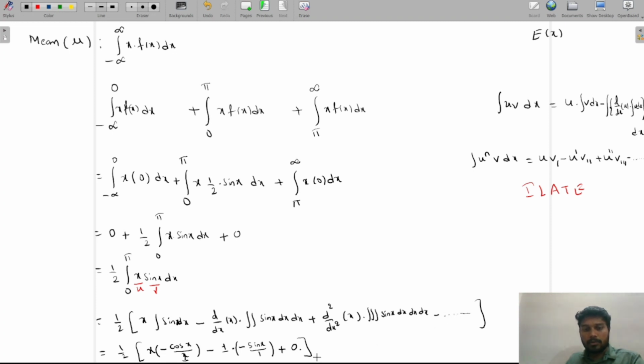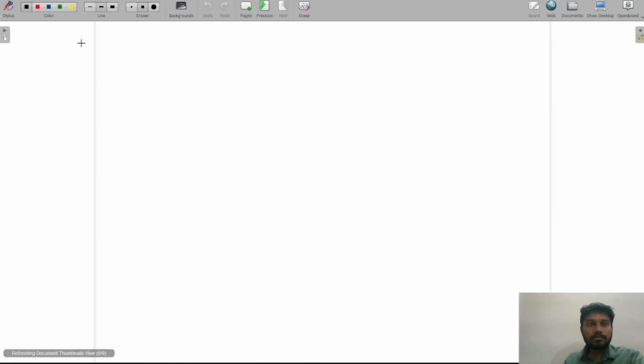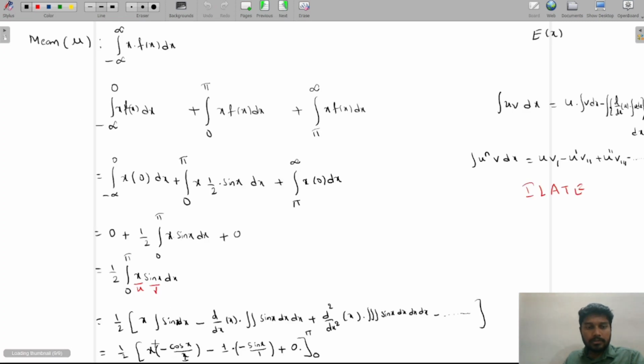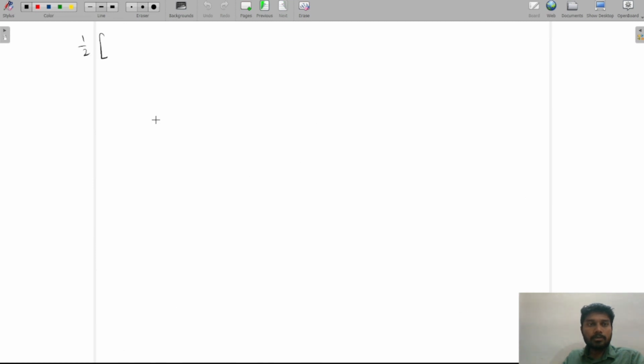See, bracket close, and the limits are 0 to pi. Going to the next page. Okay, so 1 by 2 of, see, in between we are having multiplication, right? So can I write it as minus x into cos x, minus x into cos x.